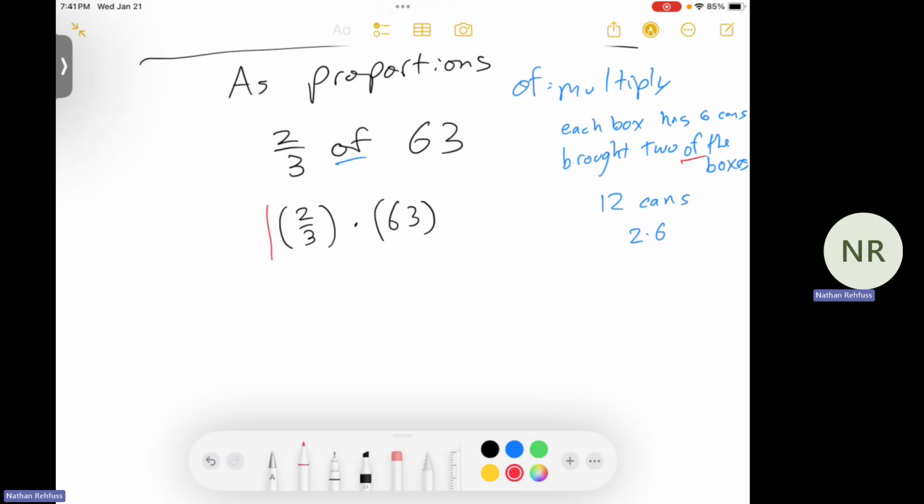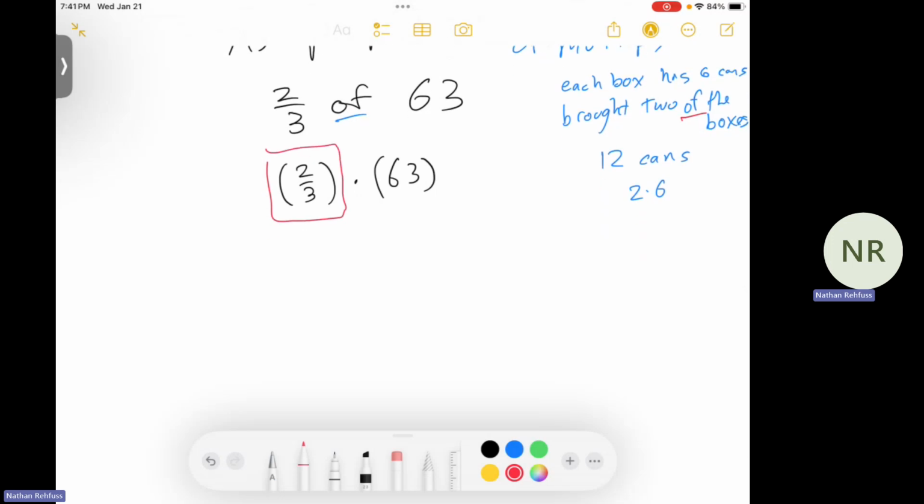Let's talk about 2/3 for a second. This is a fraction with a numerator and denominator, and the numerator means multiply and the denominator 3 means divide. So I want you to know that you can rewrite this fraction as you please. You could call it 2 times 1/3, or you could call it 1/3 times 2. It's a fraction that's cutting something into 3 parts and then taking 2 of those parts.